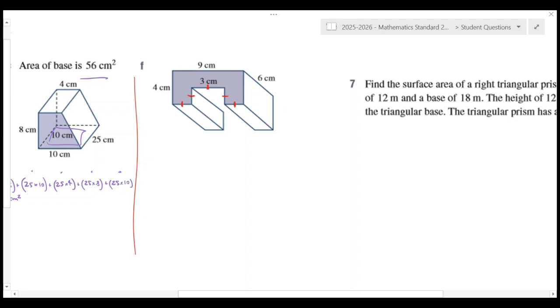So I can split this into a couple of shapes. I could split it into 3 shapes. So I could cut it there and make 2 rectangles and that. And I would recommend doing that. It honestly doesn't matter, because the other way is you could cut it there and make two little squares and then another bit. So it doesn't really matter.